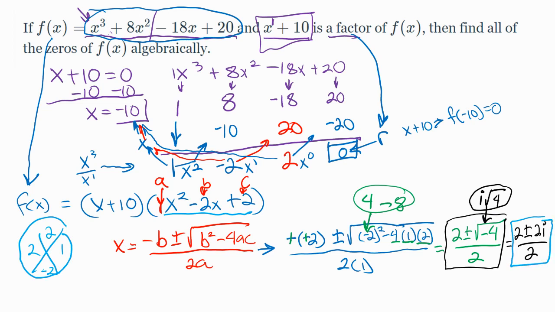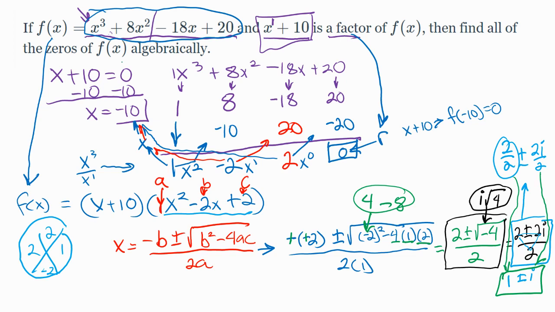All three of these numbers have a common factor, so you reduce them all by a factor of 2, and we should get 1 plus or minus 1i over 1, which you don't have to write. Now, if you don't like that simplification, you can break it up to be 2 over 2 plus or minus 2i over 2 and get the same result. 2 divided by 2 is 1, and 2 divided by 2 here gives you just the i. So 1 plus or minus i is 2 answers.